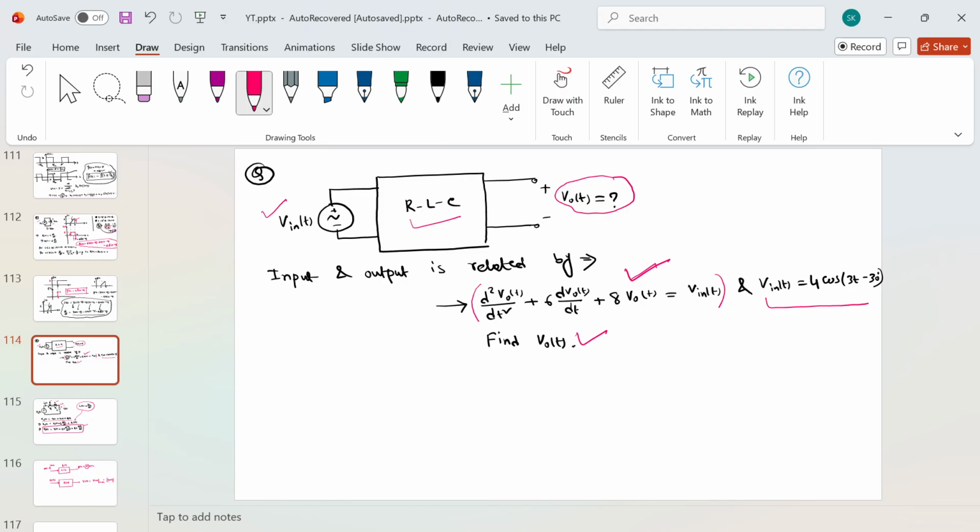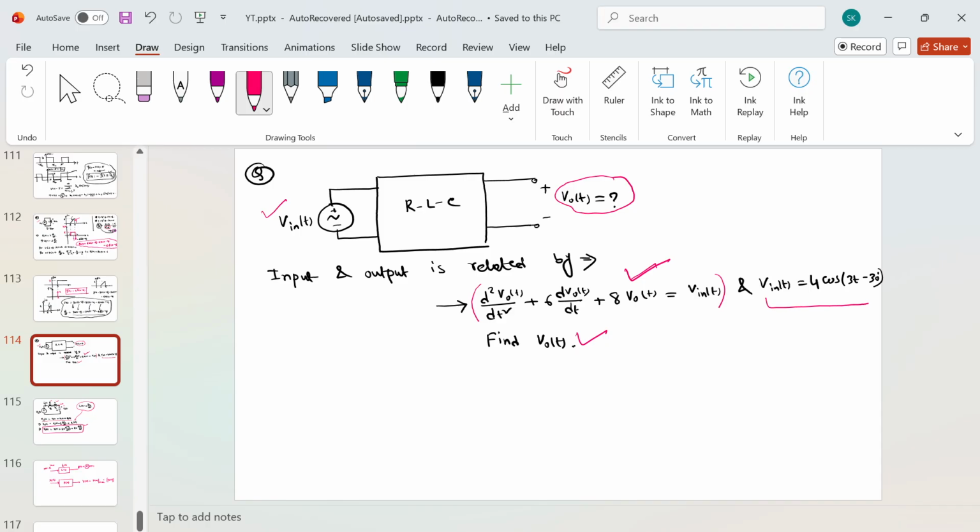So how to proceed for that? See, an RLC network is always an LTI system. You can consider it as an LTI system because R, L, and C are linear elements. At the same time, practically the RLC will be time varying in nature, but we generally assume it is a time invariant quantity.